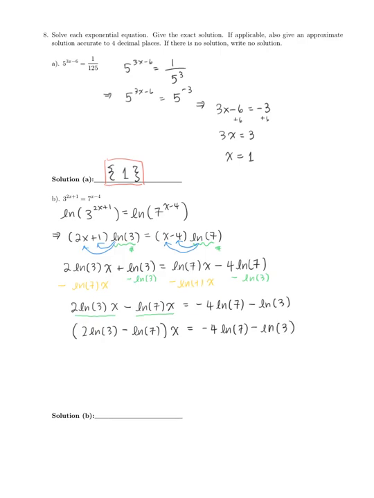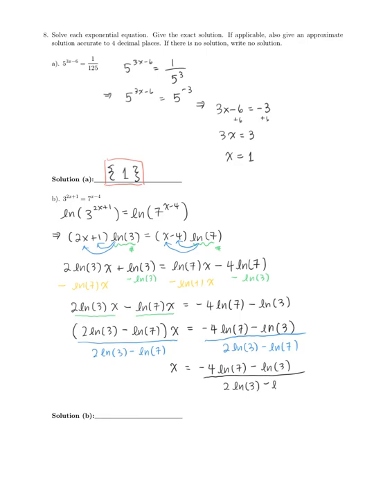Okay, so now all you have to do is divide by 2 ln of 3 minus ln of 7. Divide the same thing over here. So it looks like what we're going to get is x equals negative 4 ln of 7 minus ln of 3, whole thing over 2 ln of 3 minus ln of 7.